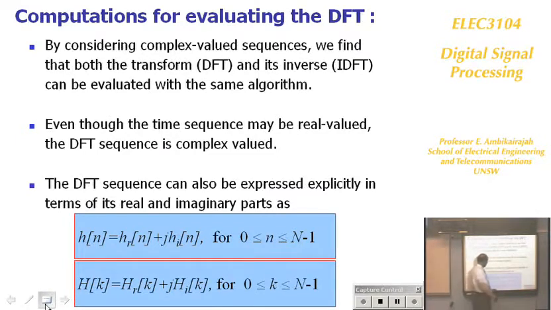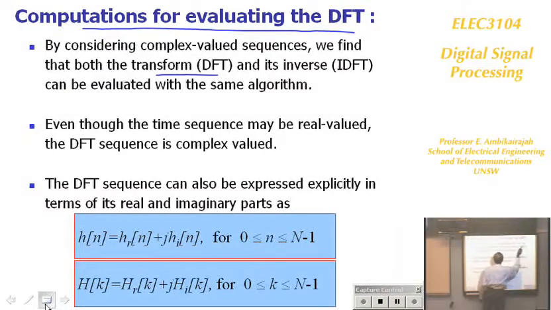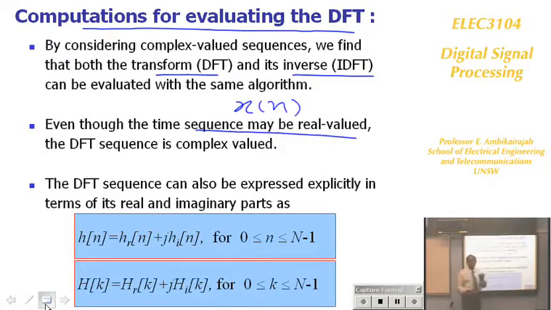The last part of the DFT is computations for evaluating the DFT. Remember, we talked about it. DFT is the normal technique, inverse DFT is the normal technique, and it assumes that the sequence may be real. Your x[n] could be real. In a real signal, it will be real valued. Or it could be complex, it doesn't matter. Mathematically, both are possible.